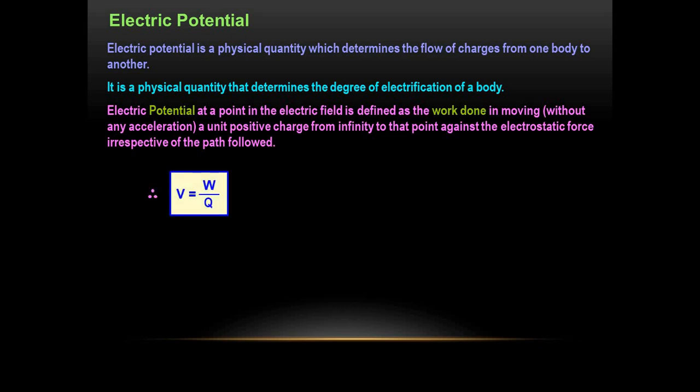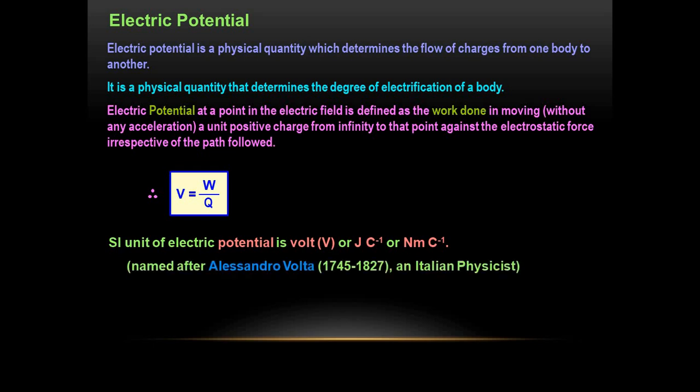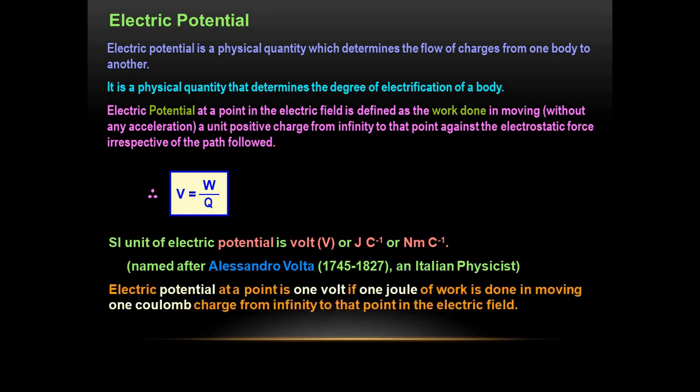Therefore the work done per unit charge is defined as the electric potential or potential difference, V equals W by Q. The SI unit of electric potential is volt, or joule per coulomb, or newton meter per coulomb. It was named after Alessandro Volta, an Italian physicist. Then what is 1 volt?